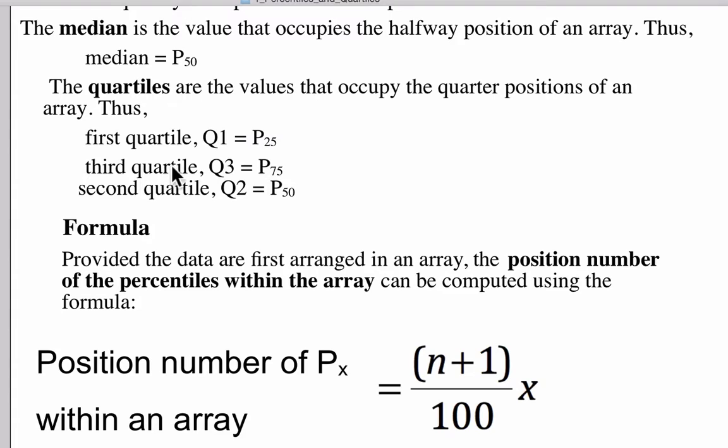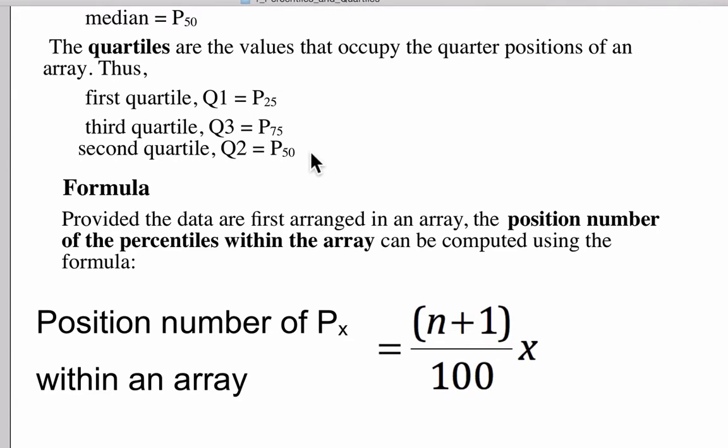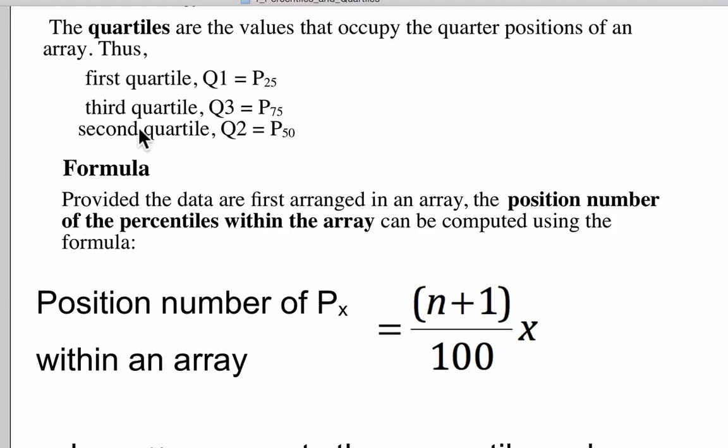At the third quartile, Q3, the 75th percentile, 75% of the values are below the value at the third quartile, and 25% of the values would be above it. As for the second quartile, we call that Q2, and that's the 50th percentile, or the median.